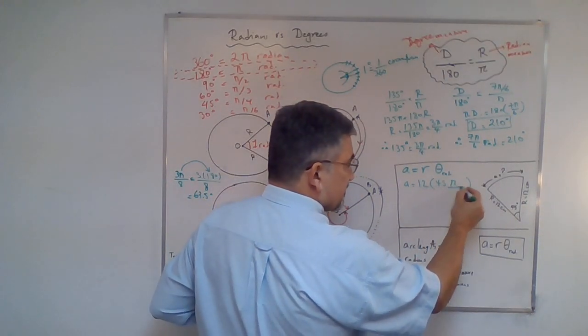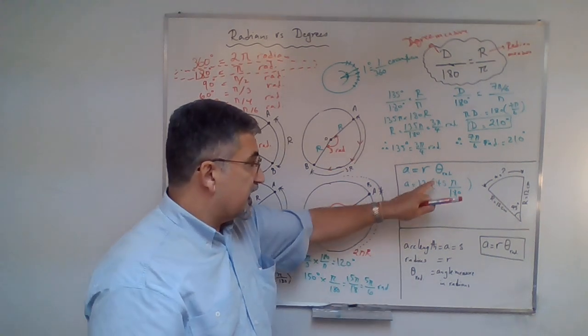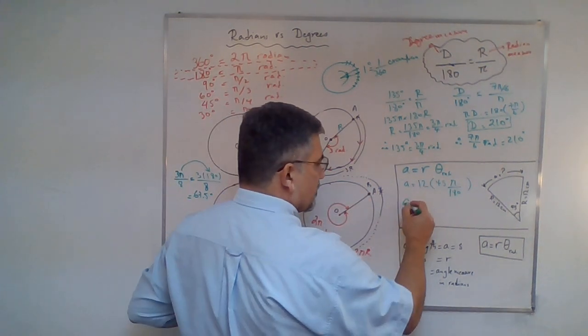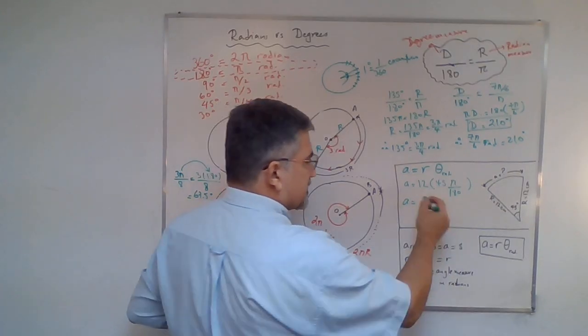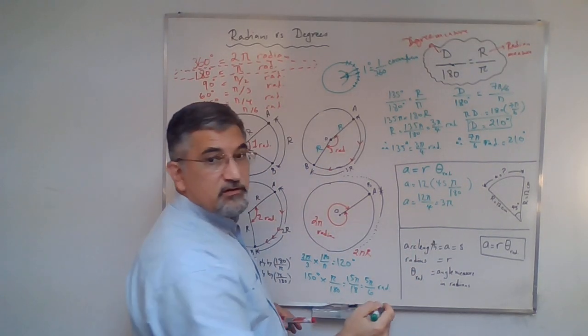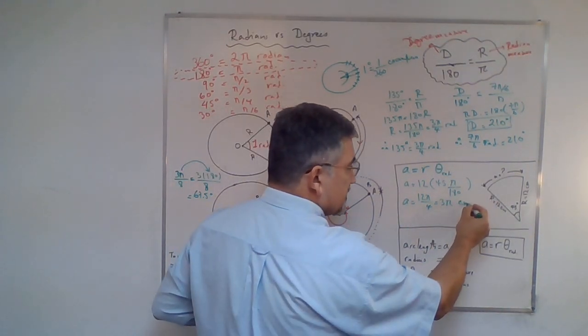So it becomes 45 pi over 180. So now the measure of the angle is in radian, as it is supposed to be. And now you're going to say, okay, that's going to be 12 pi over 4, which is 3 pi. So the answer to the arc length is 3 pi centimeters.